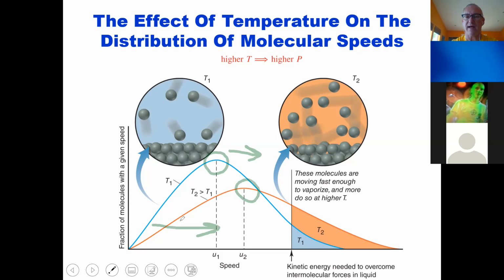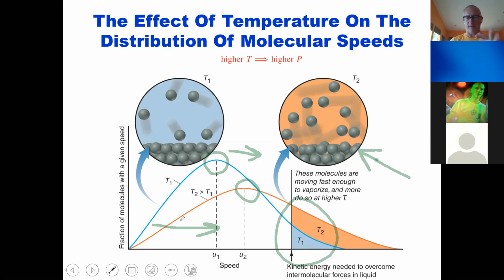until these molecules start moving so fast they vaporize. So it's these molecules at the surface that are moving so fast that they just leave the surface and become gases, okay? And this is the amount of kinetic energy you need to overcome these forces here. These are intermolecular forces, the forces that are holding these molecules together.